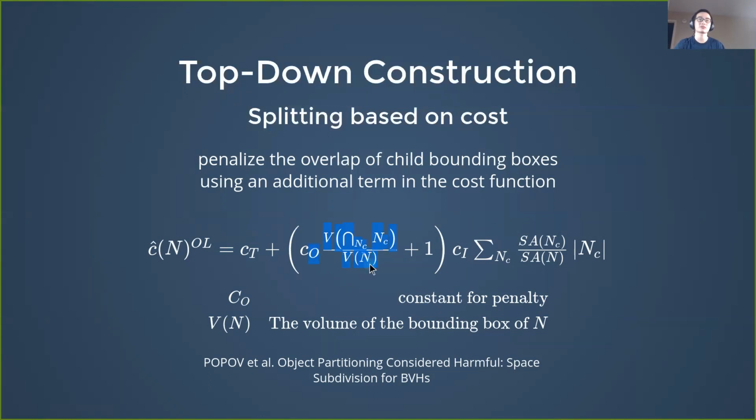So we have this additional term in the cost function where we have a constant for penalty, and it is multiplied by the volume of all the bounding boxes of the children divided by the bounding box of the current node.